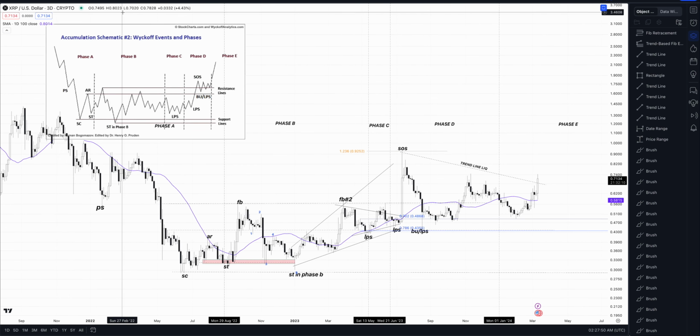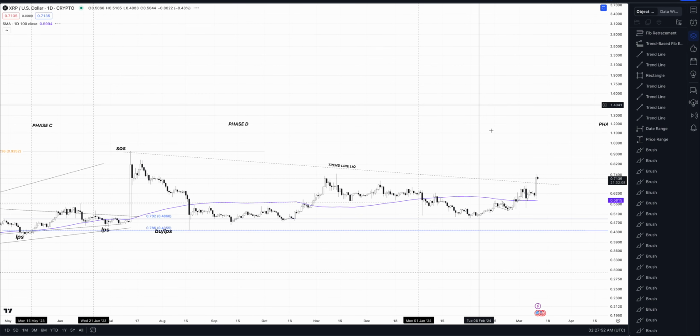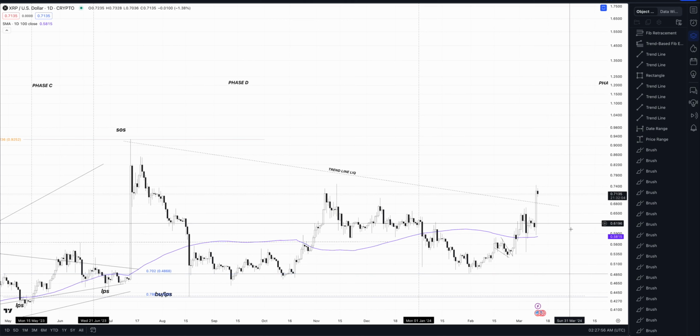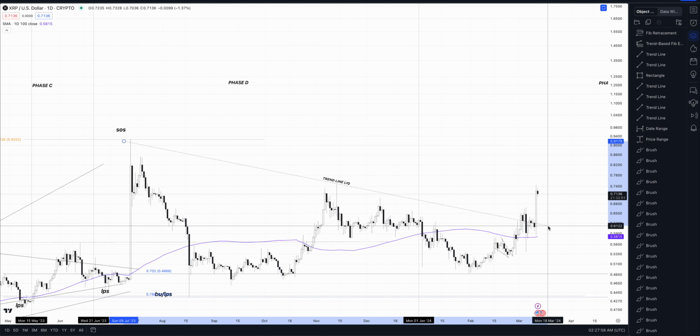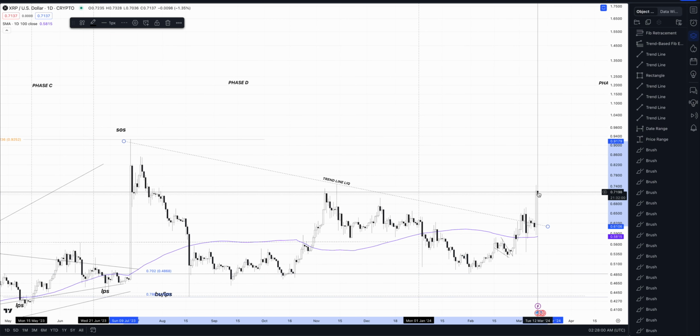And if we take a look at this on the daily time frame, we've had a daily close above it. You see that? We've had a daily close above it. So that's very, very significant.